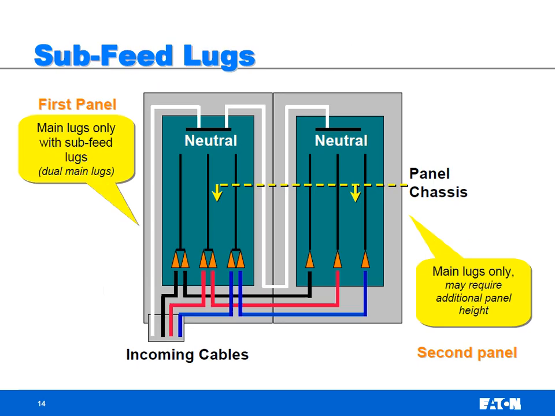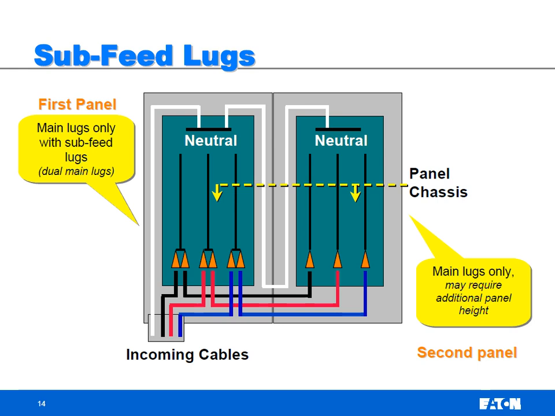This one, the SubFeed lugs, is available only with main lugs. The reason is the physical requirement for SubFeed lugs. You need two lugs. A circuit breaker is only going to have lugs available that are sized for the circuit breaker. So until you get to a really big size, you're not going to have the option.